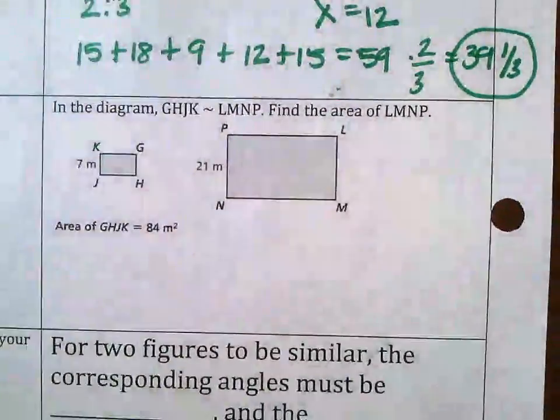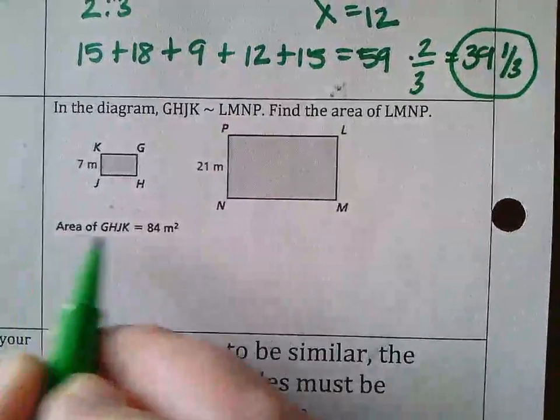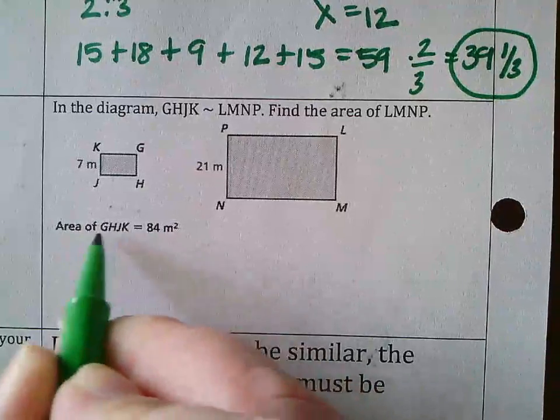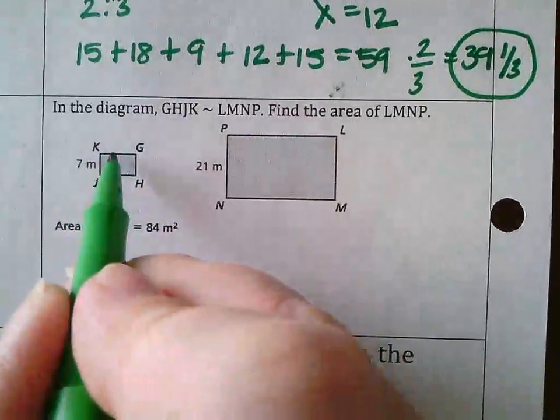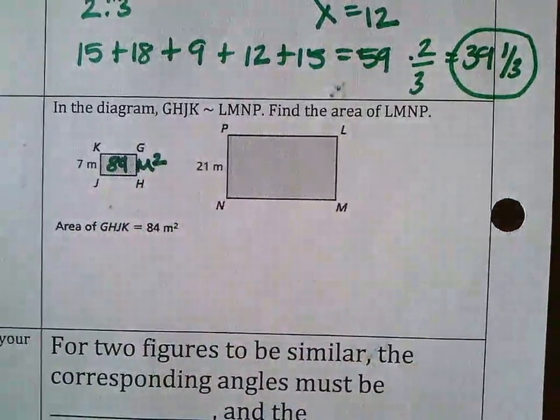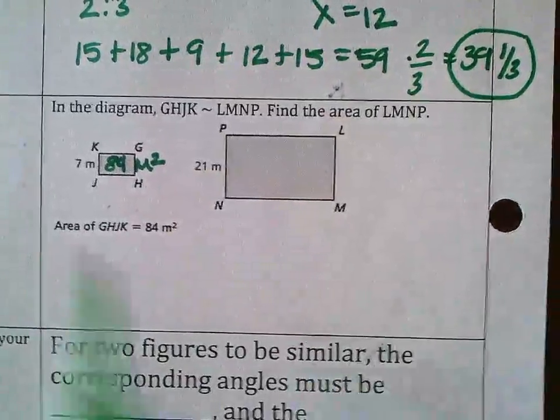Okay, let's try it again. Find the area. So the area of this rectangle right here is 84 meters squared. So if I want to find the area of the other one, I just need to figure out what the ratio is.